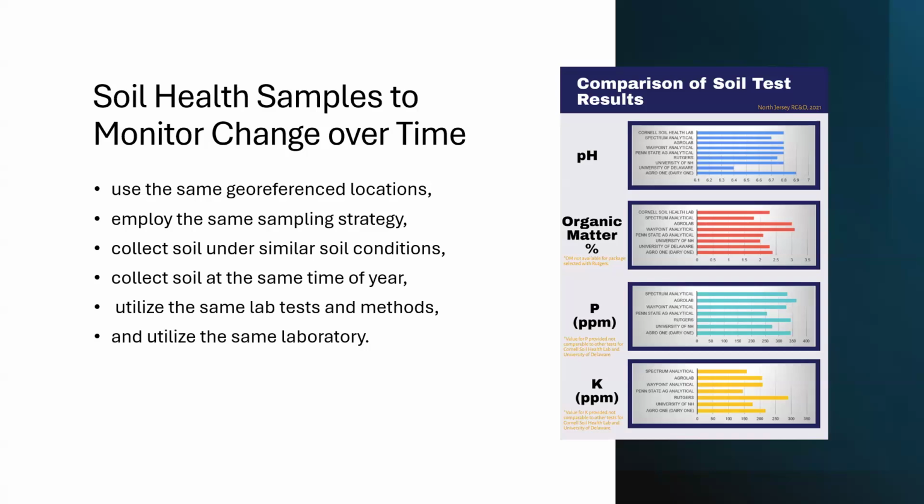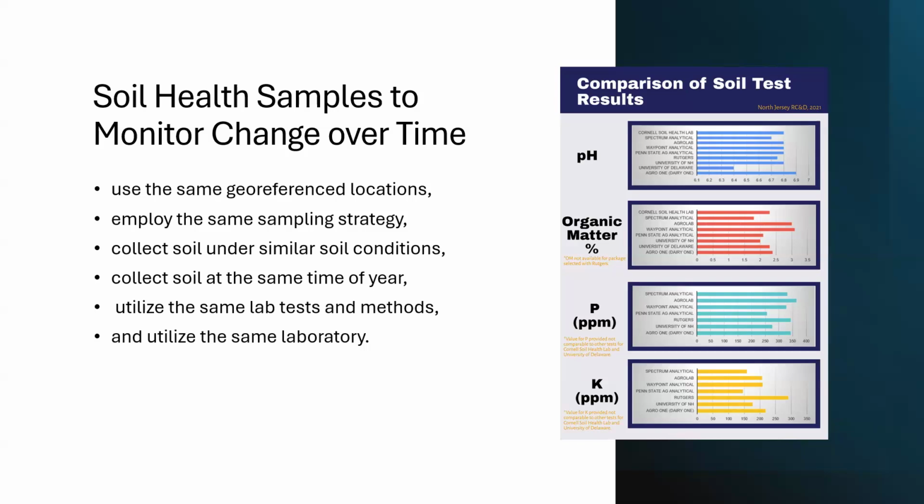Are you improving soil health or not? And you have a set of very specific indicators that you're looking at. In this case, you probably want to go back to the same point, right? You want to use point sampling and try to go back to some georeferenced location.